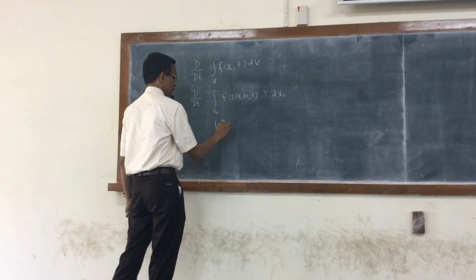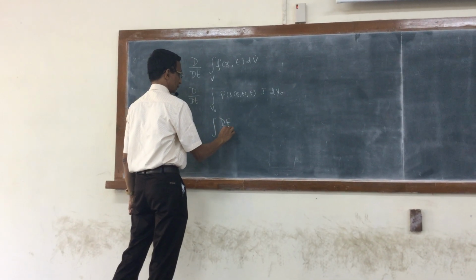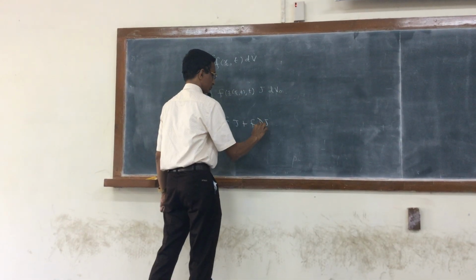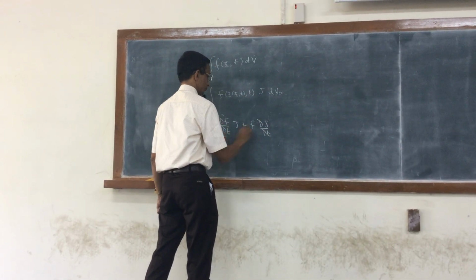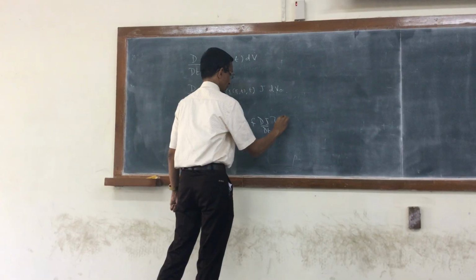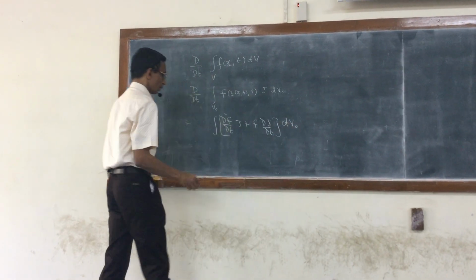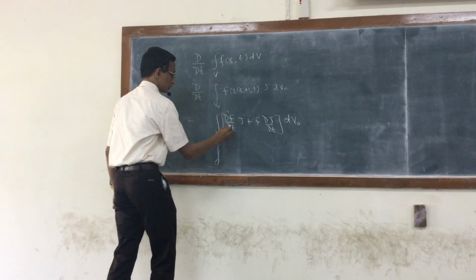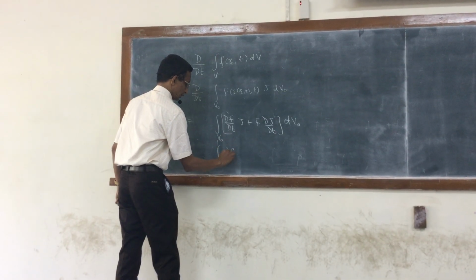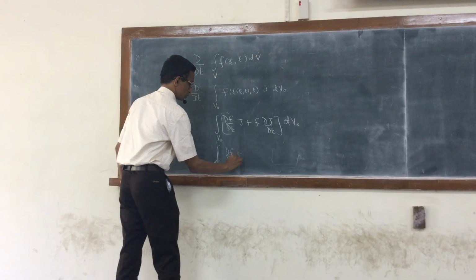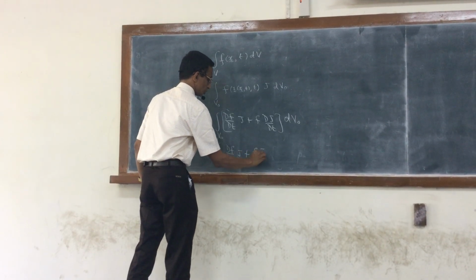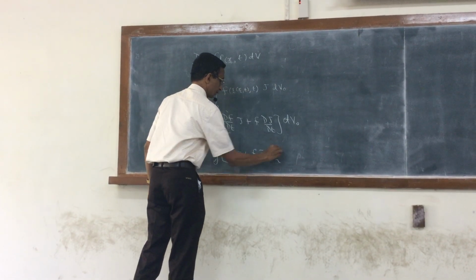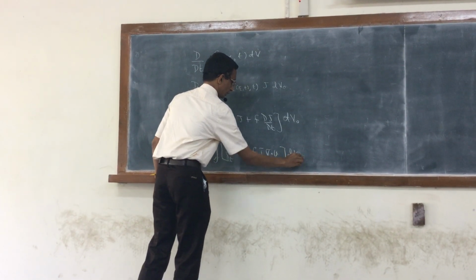So we get df by dt times J plus f dJ by dt, dV naught, over V naught. And then we showed that this would be df by dt J plus f J times the divergence of the velocity vector v.